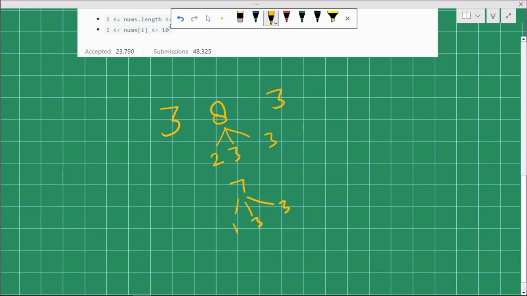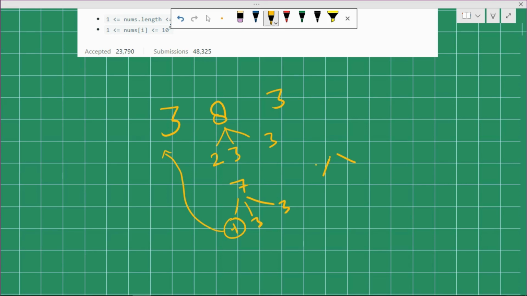But we see if we are breaking it like this, then we need to break 3 also. But what else can we do? If we are trying to break it, we want to make sure that the number after breaking, the lowest number, is the maximum possible. So we know that we need to break it into three parts because 3 plus 3 is already 6, and this number should be less than or equal to 3.